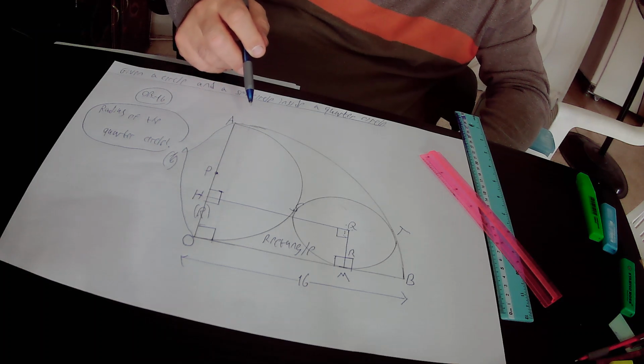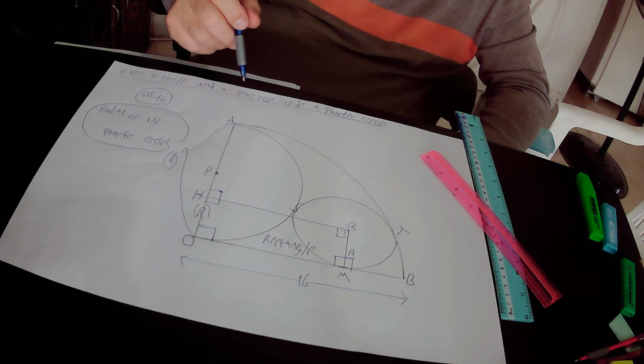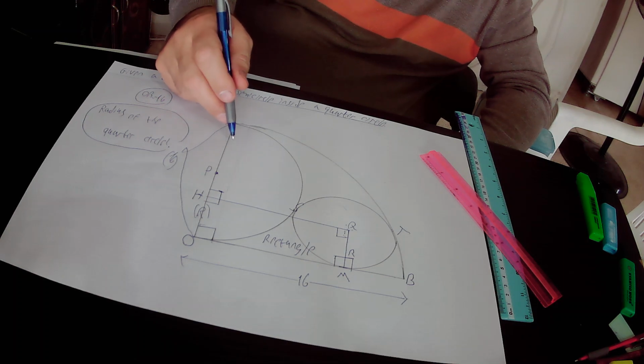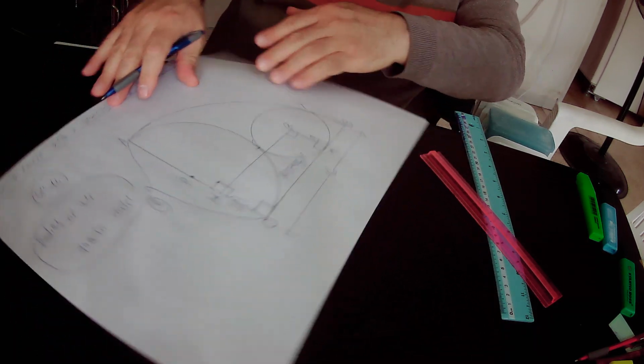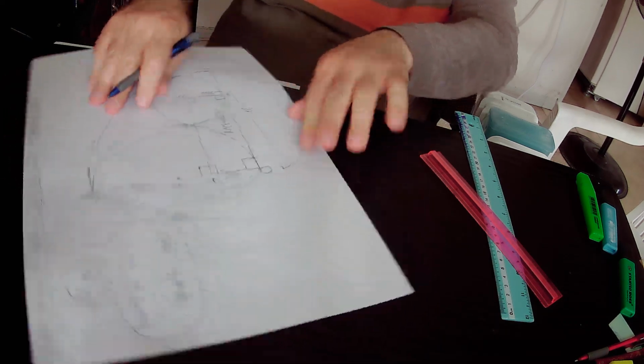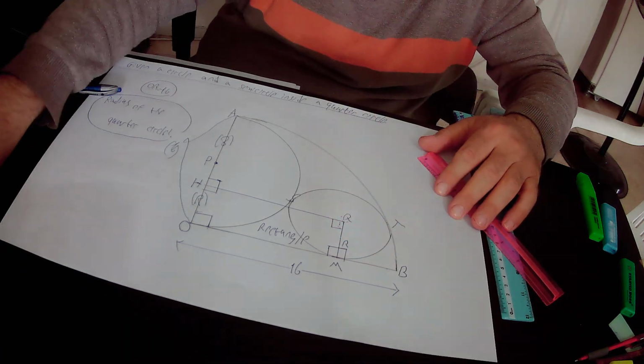Therefore, the radius of this semicircle must be equal to half of it, 16 over 2, that is 8. So the radius AP of the semicircle equals 8 units in its length, and the radius PO of the semicircle also equals 8 units in its length.